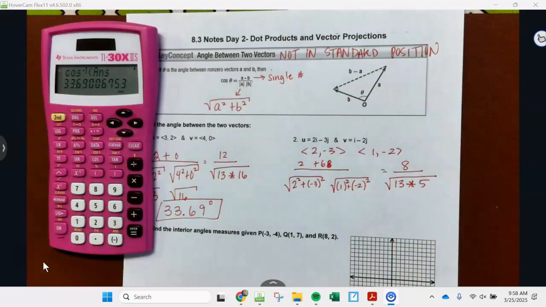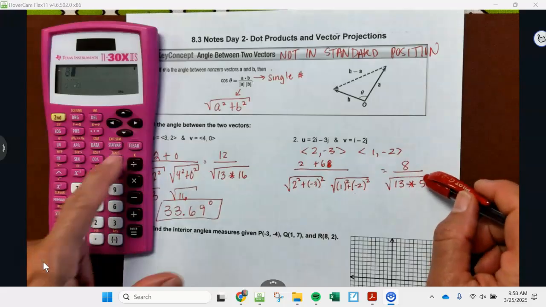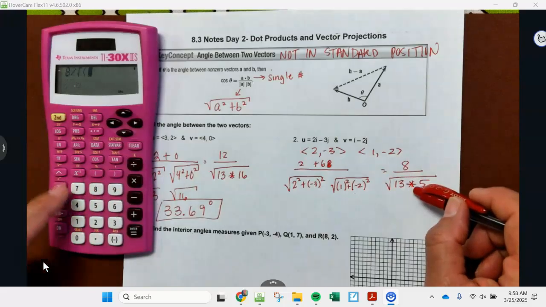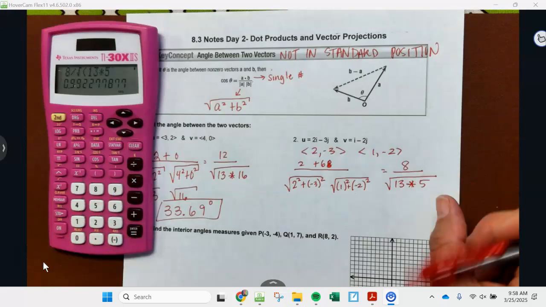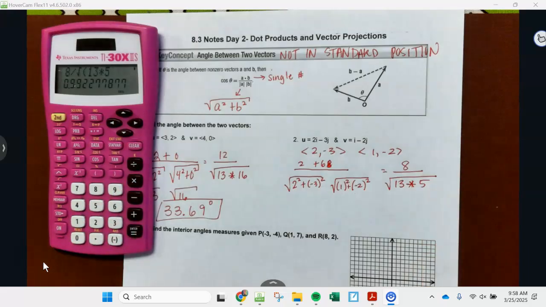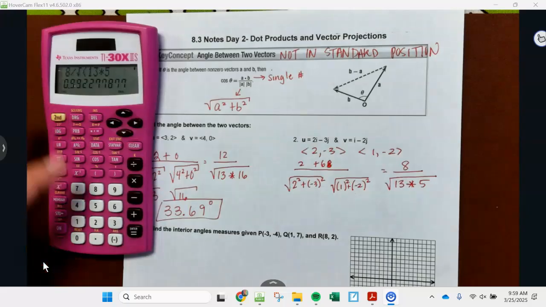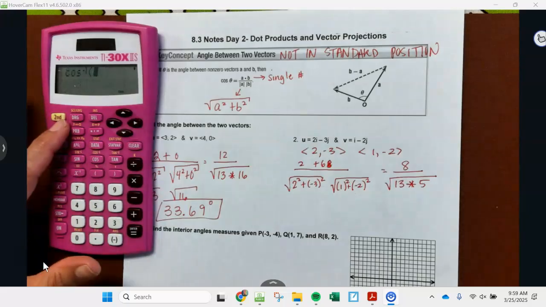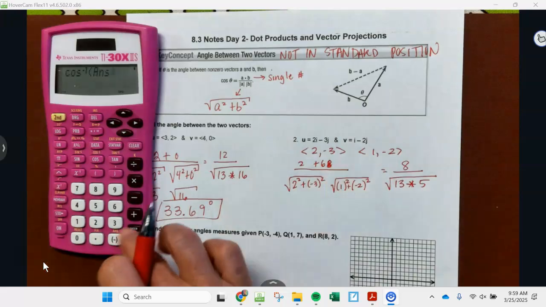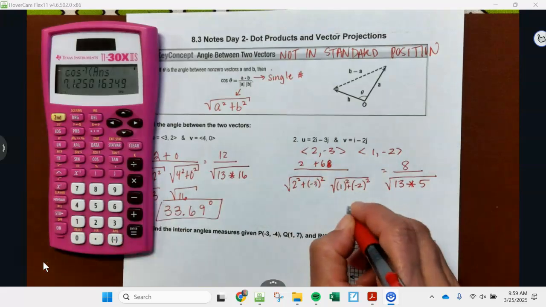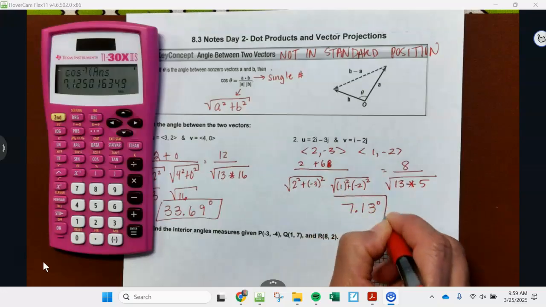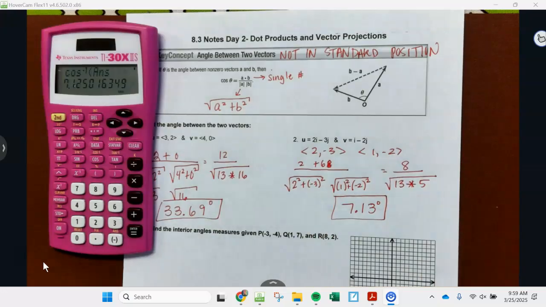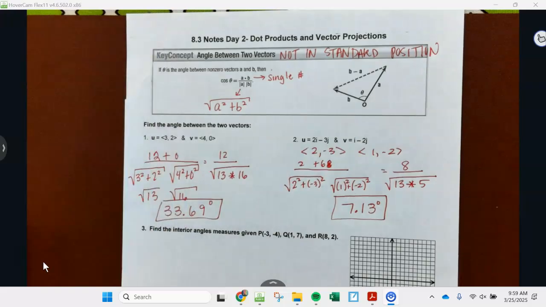All right, turn this into a decimal. 8 divided by that product. If you got 0.9922, you're probably on the right track. Second cosine, second answer. And this has a small degree. This is just 7.13 degrees. Any questions on that?